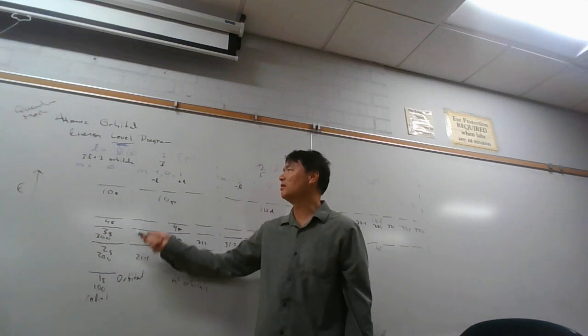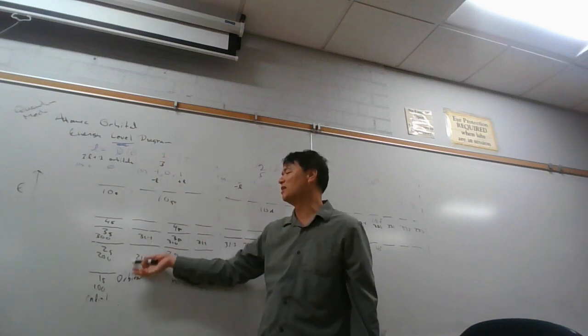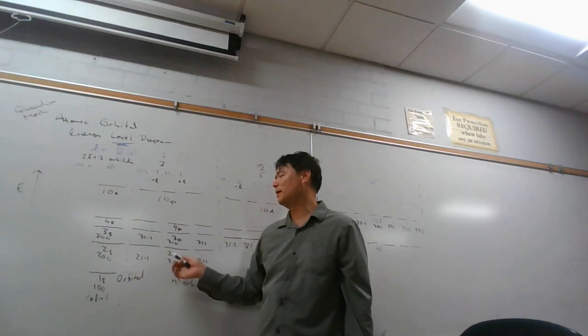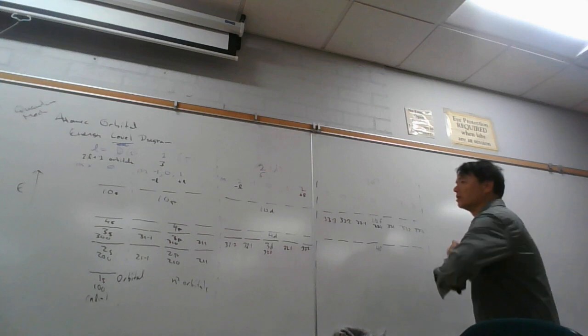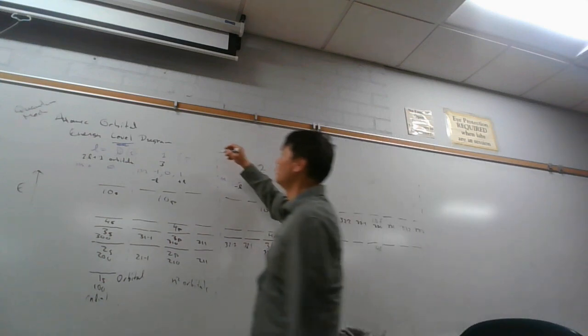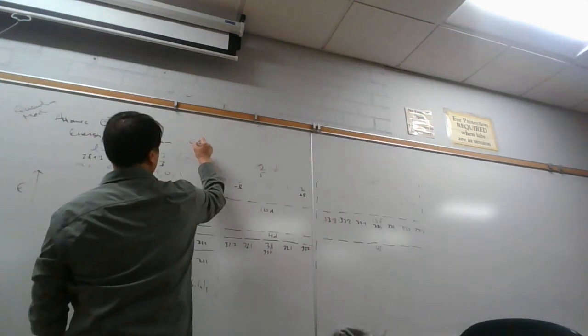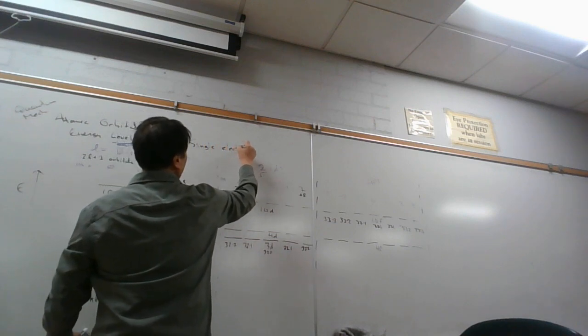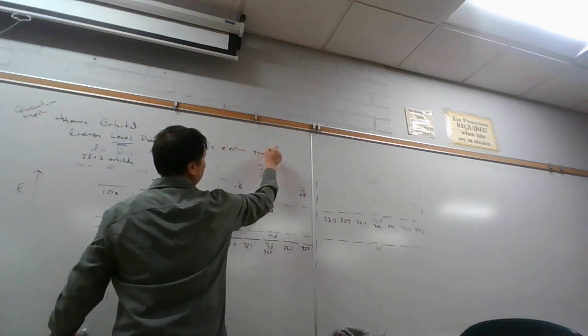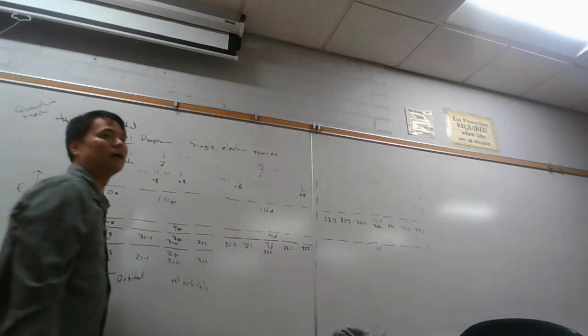In a one electron species like hydrogen, the 2s and the 2p have exactly the same energy. In a multi-electron species, this is single electron. The energy level diagram for a single electron species. It doesn't have to be hydrogen. It could be like helium plus.